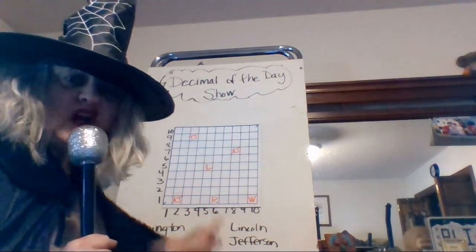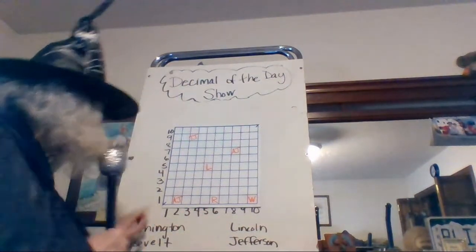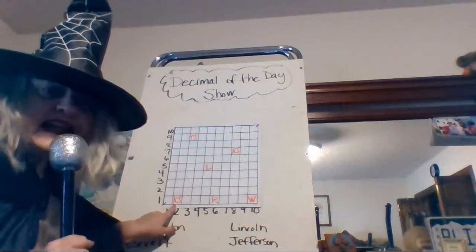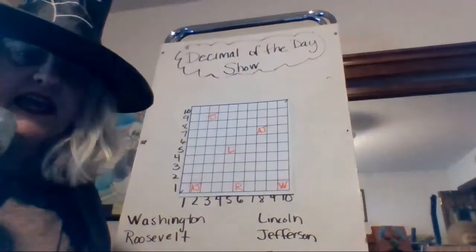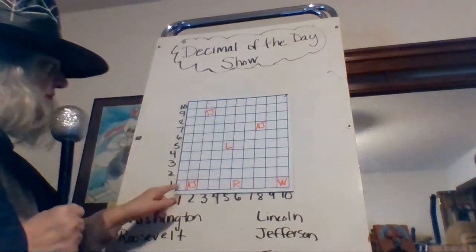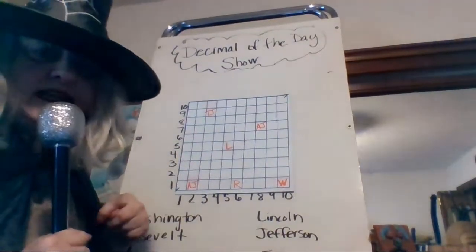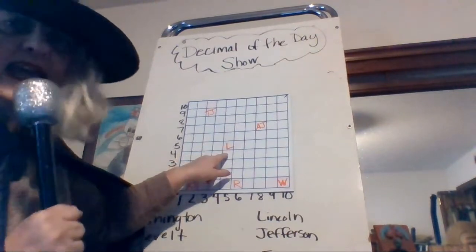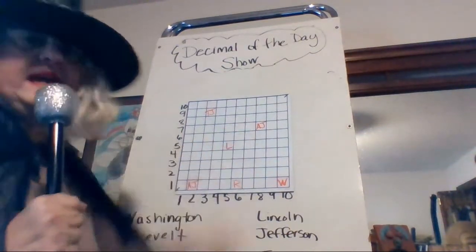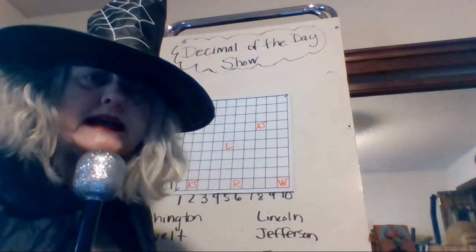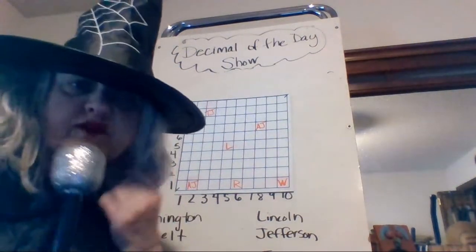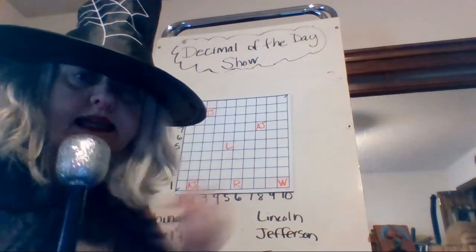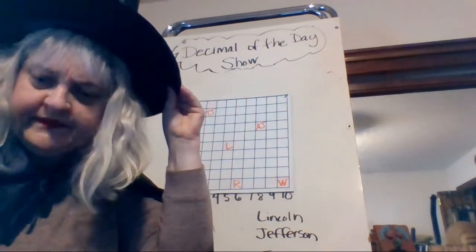It's represented with an R. Jackson, Andrew Jackson. It is represented with an AJ. Abraham Lincoln School has the L. Andrew Johnson School has the AJ. And Thomas Jefferson School has the TJ.